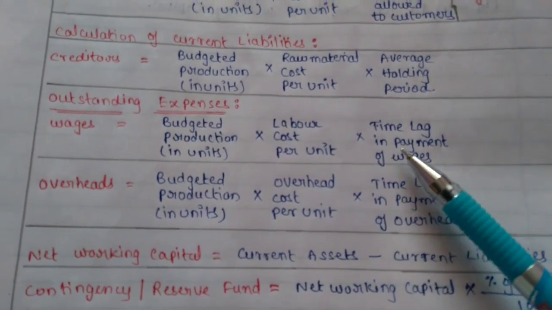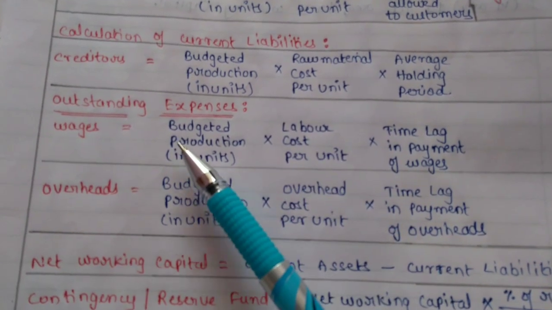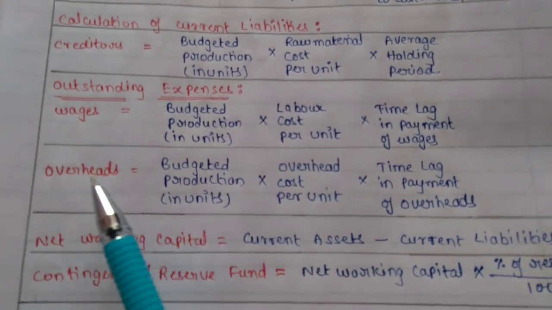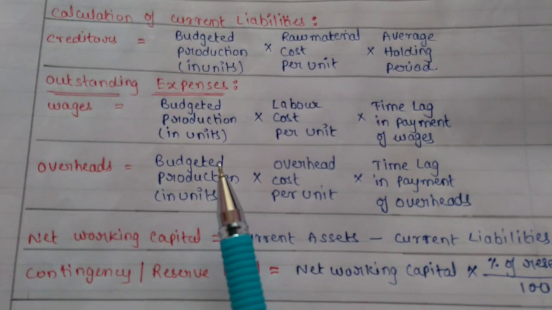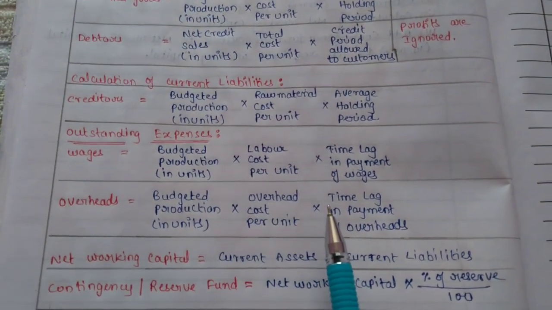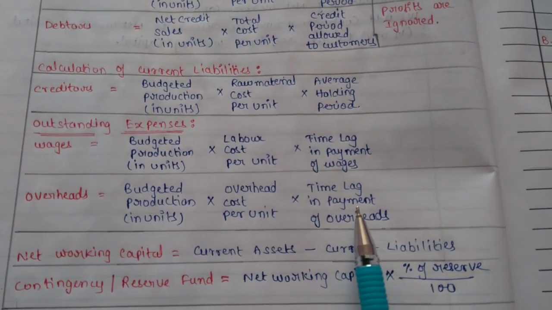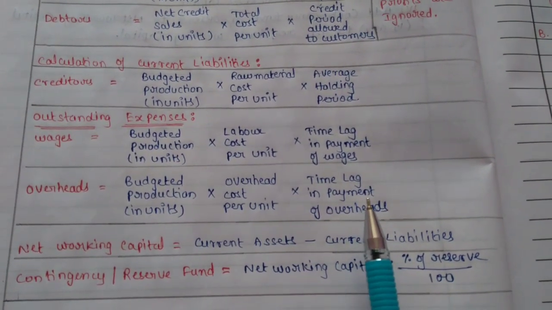So what is the delay in payment of wages? Similarly, overheads is equal to budgeted production in units into overhead cost per unit into time lag in payment of overheads, the delay in payment of overheads.